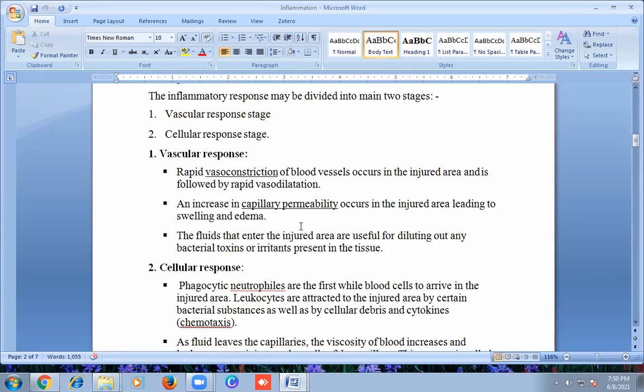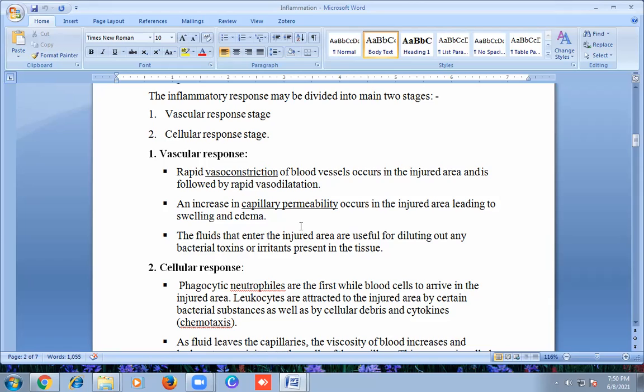Rapid vasoconstriction of the blood vessel. Vasoconstriction means what? Narrowing of the blood vessel. Narrowing of the blood vessel occurs in the injured area and is followed by rapid vasodilatation.